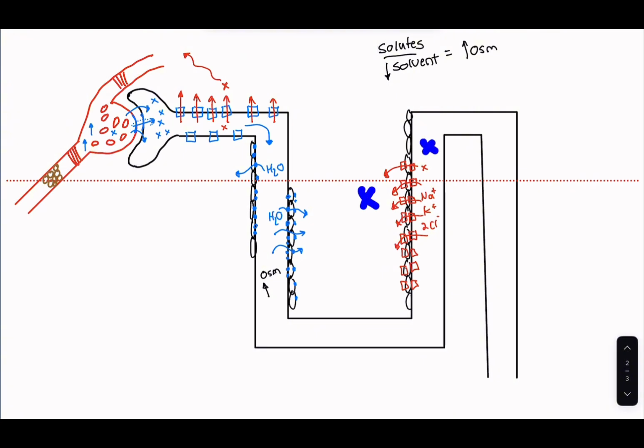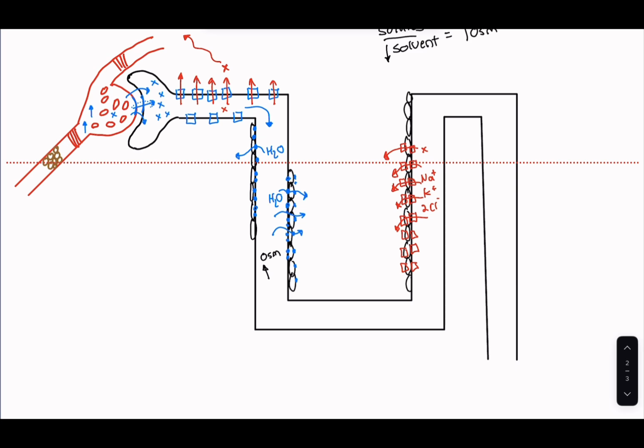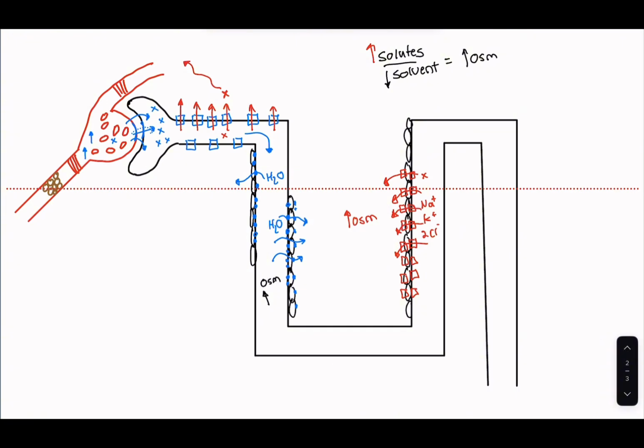So what am I doing here and what am I doing here? If I'm pumping ions into the interstitial space, I will be increasing the osmolarity here, because I'm increasing the number of solutes. If I'm removing solutes from this region, I will be decreasing the osmolarity.